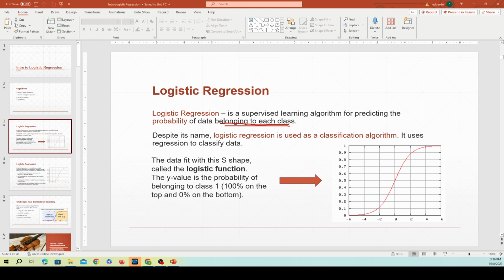So logistic regression, even though regression means continuous, is referred to as regression in the sense that it's going to determine a continuous probability. We'll mention that a little more in depth in a few seconds. But I want to emphasize again that regression can be misleading in this case.